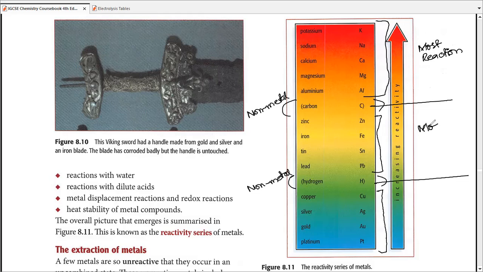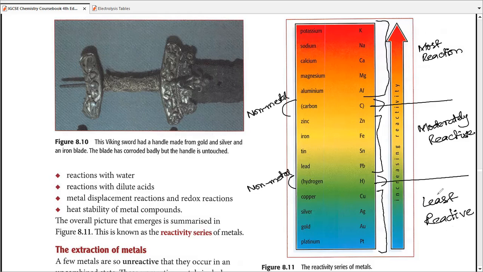I call them moderately reactive ones. And these are 4. These are zinc, iron, tin, and lead. Then again comes a non-metal, hydrogen, after which we have the least reactive elements. And again, these are 4, that is copper, silver, gold, and platinum.